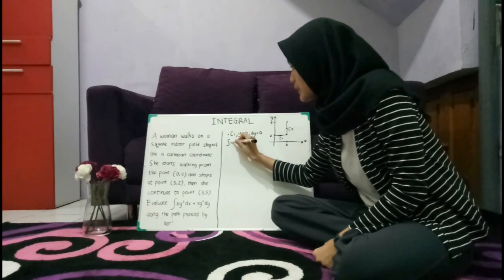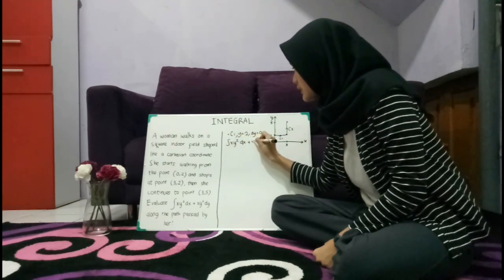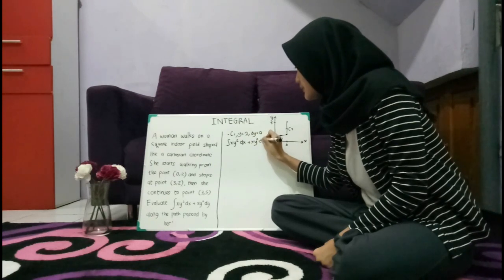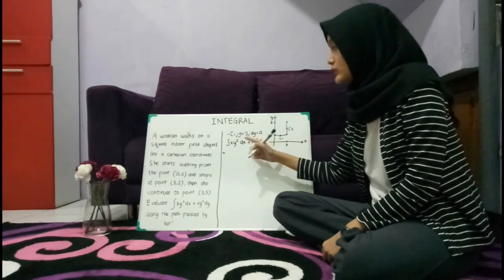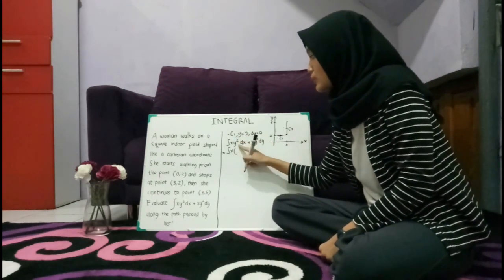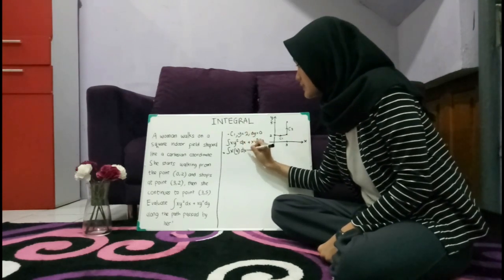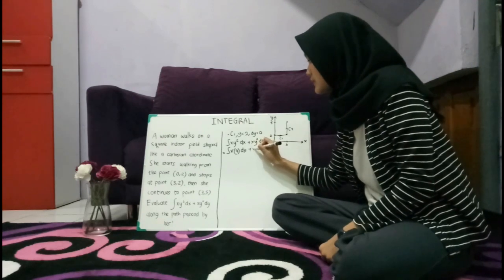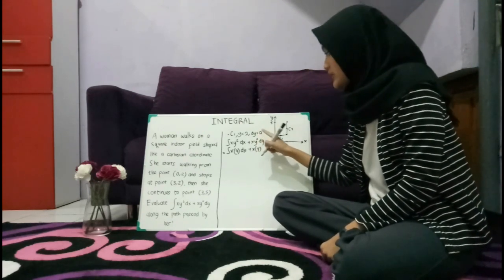And then we just have to substitute into this integral. We write first xy². We substitute y = 2 into this, so we get y² means 4, dx, added to x times y² which means 4, and the dy is 0.